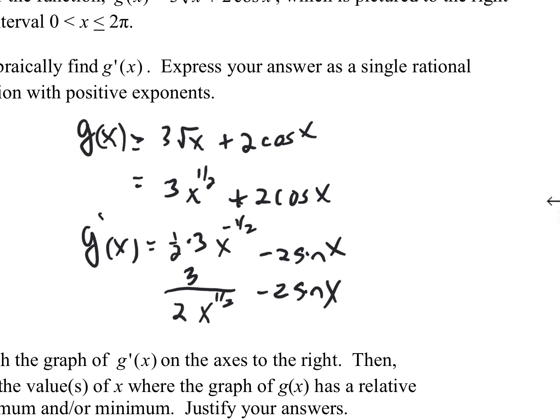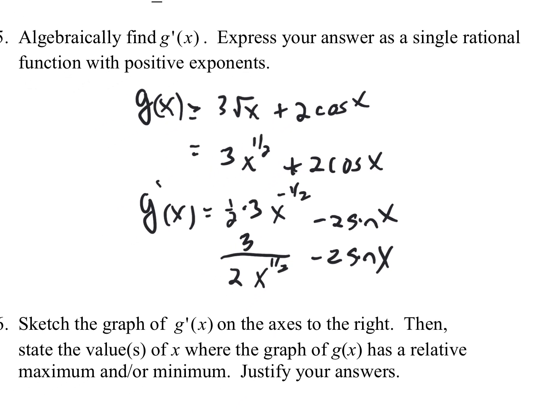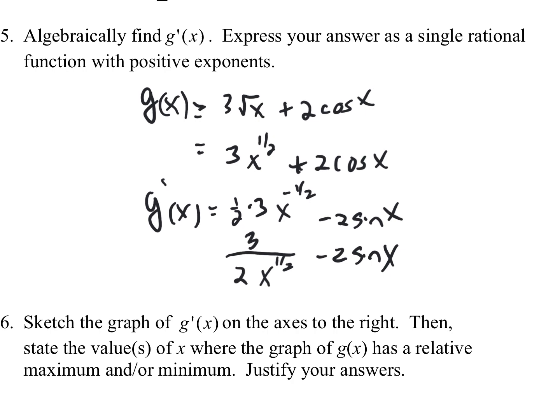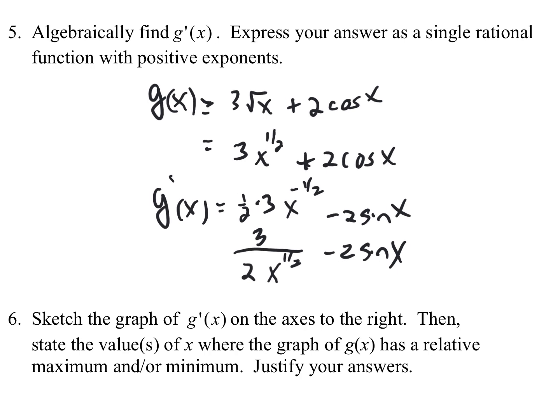And is that all we wanted to do? Simple, rational. He wants rational. To make it simpler to use, though, I would like to picture it as 3 over 2 square root of x minus 2 sine of x.